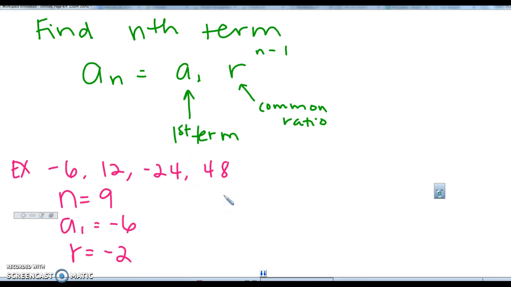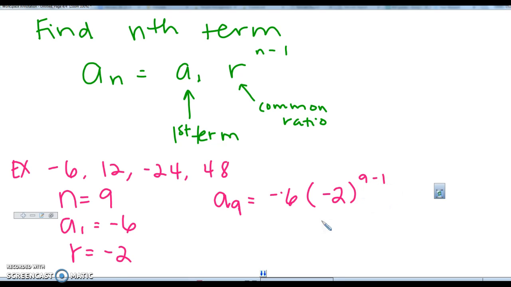So I'm going to start plugging them in, and I want to find the 9th term, so that's a sub 9. I have a sub 9 equal to my a sub 1 term, which is -6, times -2 to the 9 minus 1.